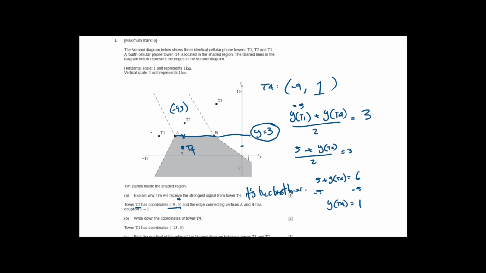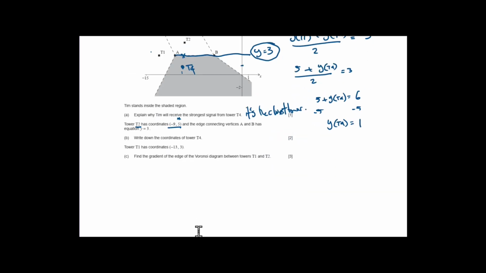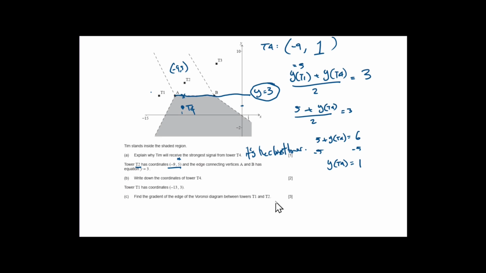Okay, so then it tells us, let's move that up a bit. Find the gradient of the edge of the Voronoi diagram between towers T2 and T3. So in other words, they want us to find the gradient of that line there. And they even give us the coordinates of T1, which is at negative 13 and positive 3.